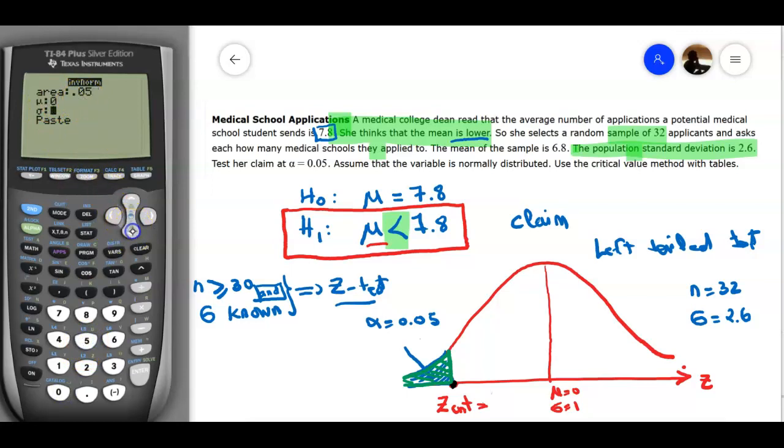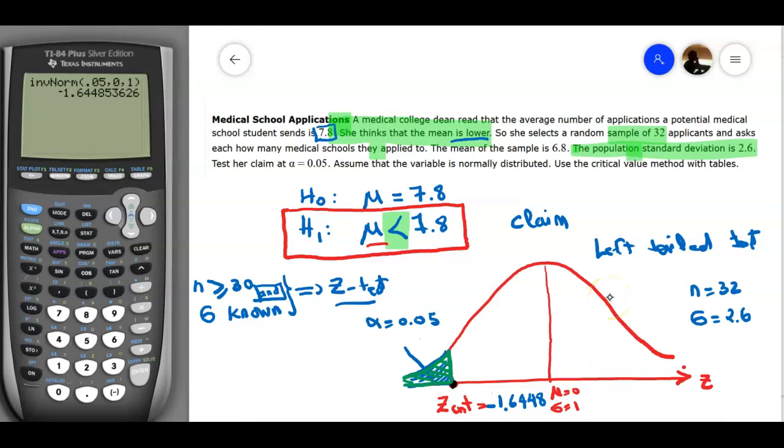The area is always the left area, and the mean is going to stay 0, sigma is going to be 1, paste, enter, and this is going to be minus 1.6448. You want to round to 2 decimal places, so you're going to be minus 1.64, I guess, right?